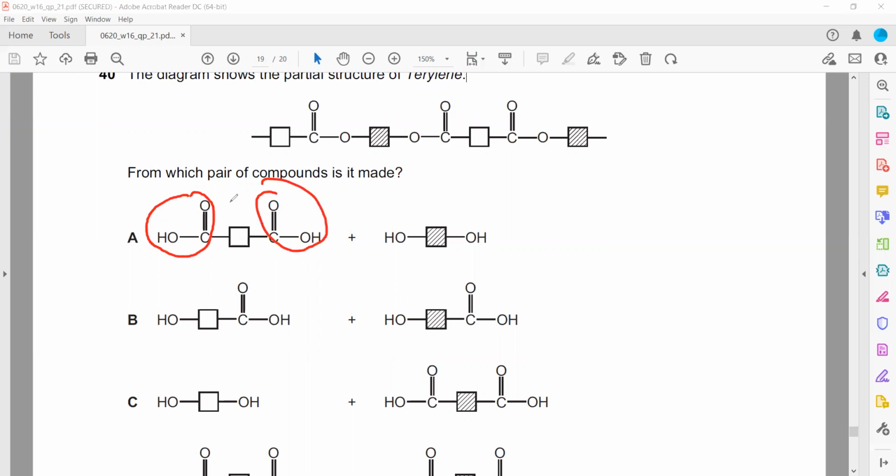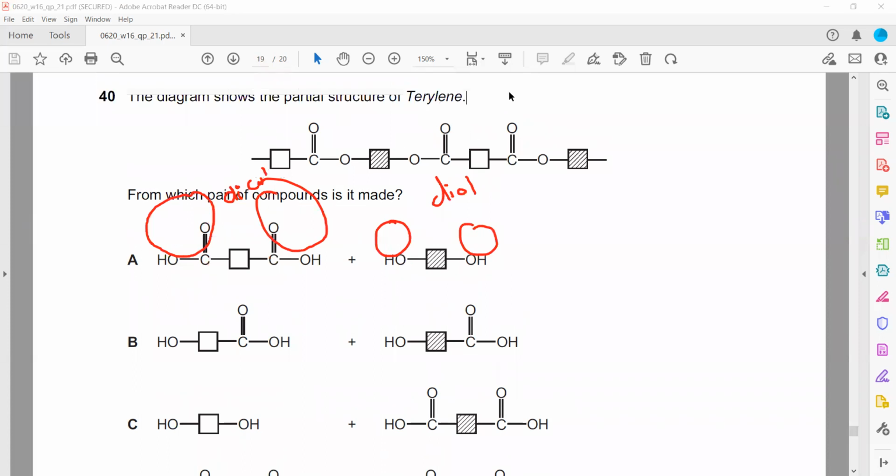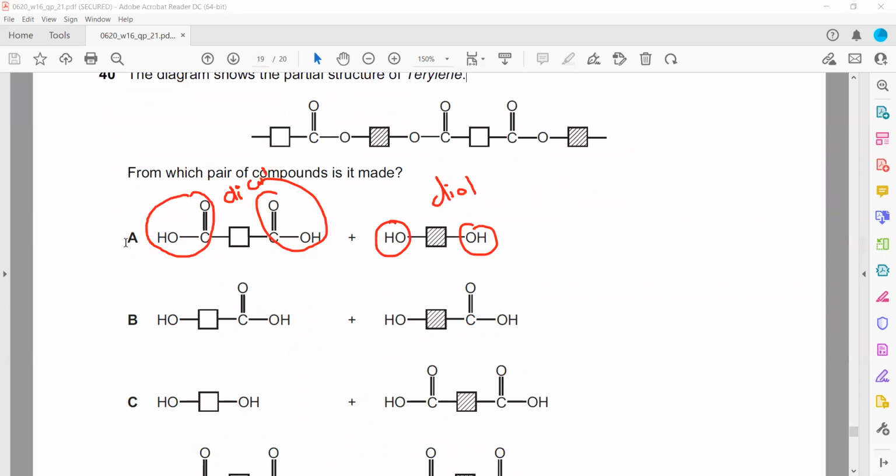So this is dicarboxylic: di means 2, and carboxylic acid because of C double bonded with O and OH. And this one has OH, so this is a diol. So when dicarboxylic acid reacts with diol, it will produce polyester. So A is the right answer.